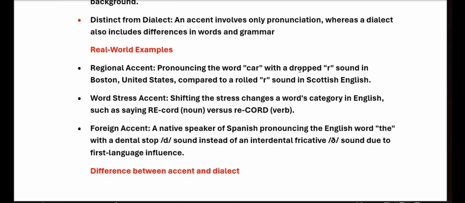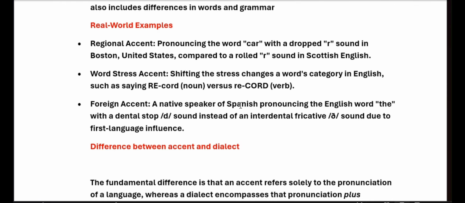Now the word car is pronounced differently in different accents, like the r is dropped in Boston US compared to Scottish English. And word stress also changes in different accents, like record as a noun versus record as a verb. So this is the difference.